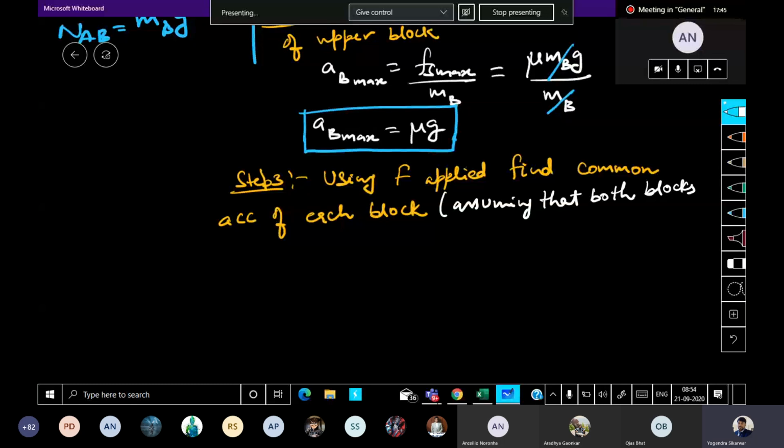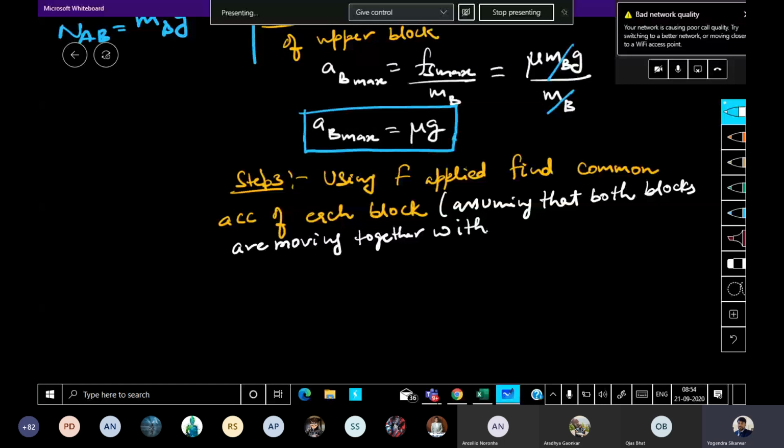Assuming that both blocks are moving together with same acceleration. So using F applied, find common acceleration of each block. So pay attention everyone.